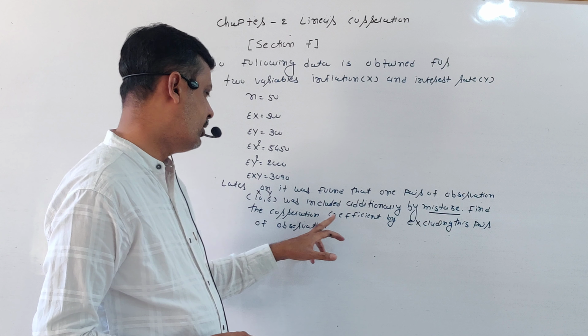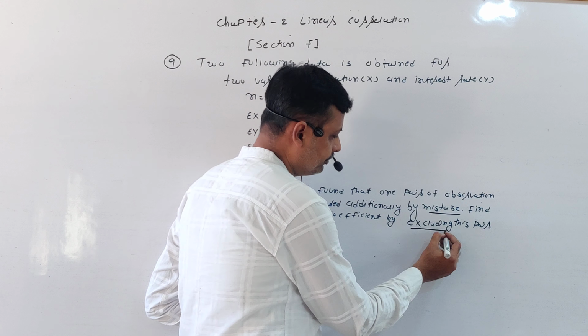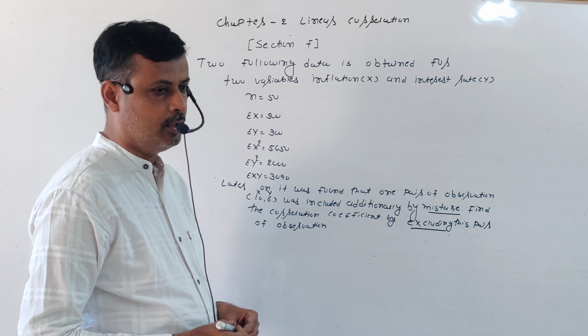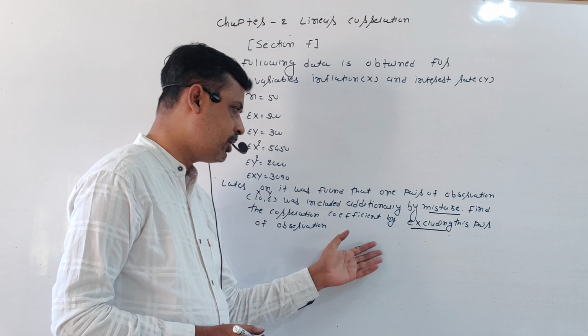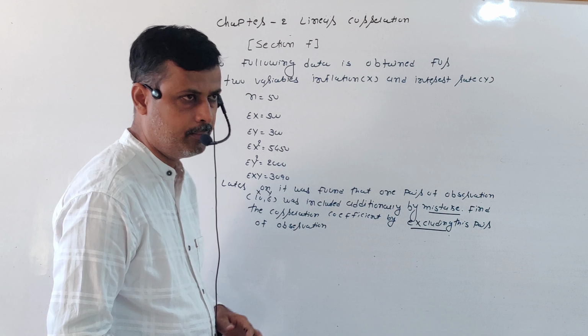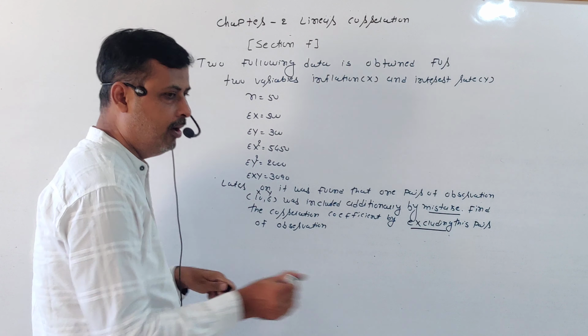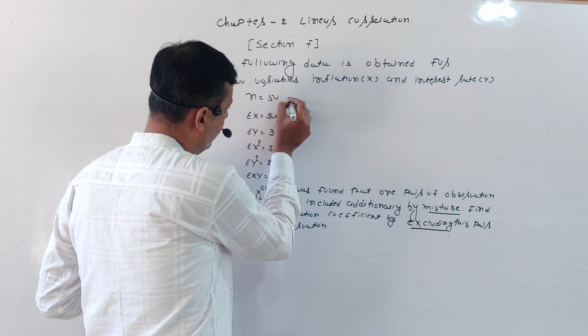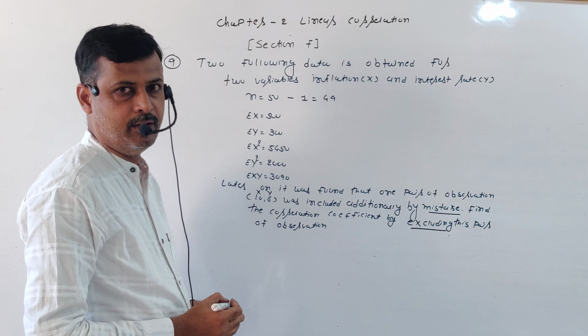Find the correlation coefficient by excluding this pair of observations. This pair is taken wrongly, so we have to exclude it. Here n is equal to 50, one pair is wrongly taken, so 50 minus 1 is 49.